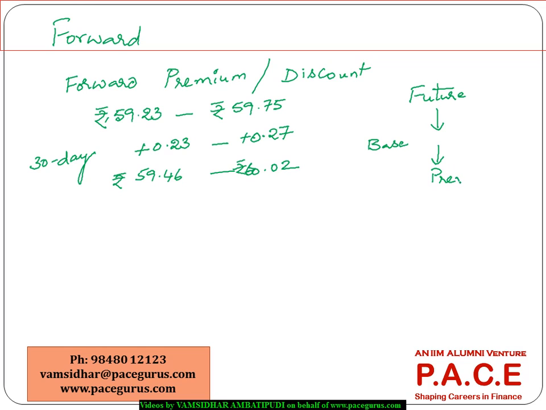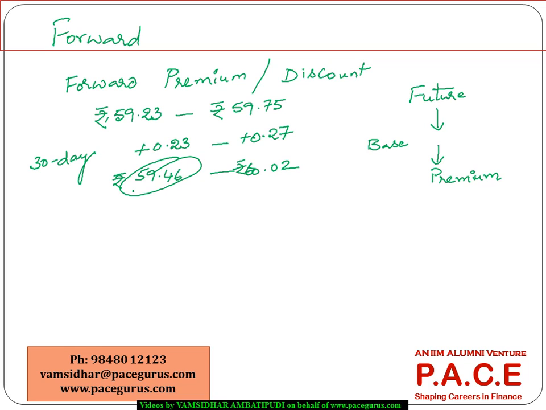So this premium and discount are the words, especially with respect to the base currency. If the base currency is going to cost lesser with respect to the price currency, then we say that it is going at a discount. So probably here because of the premium, we are saying that $1 will be available at 59.46 rupees from a buying standpoint.